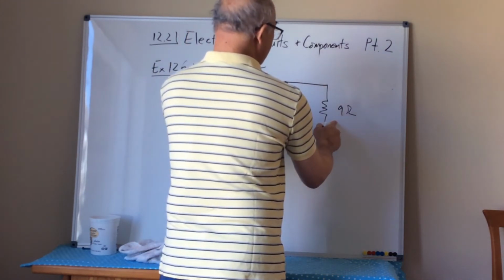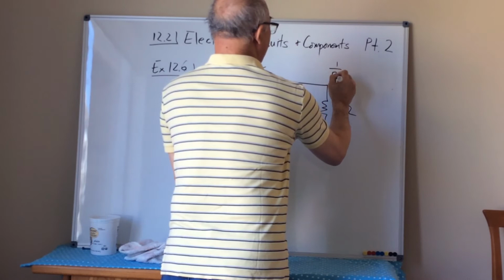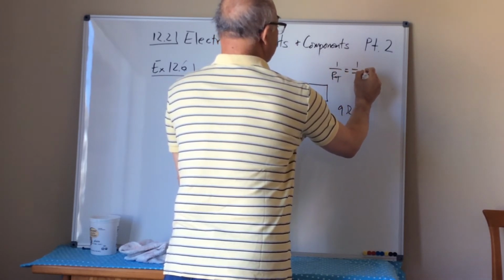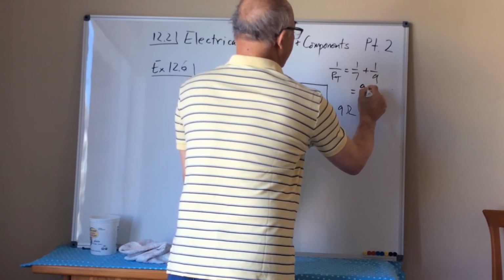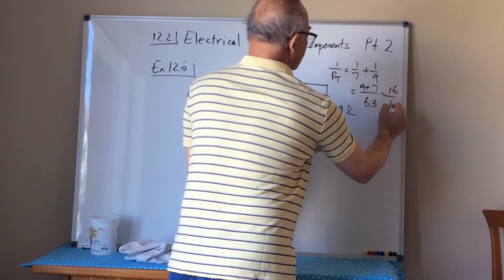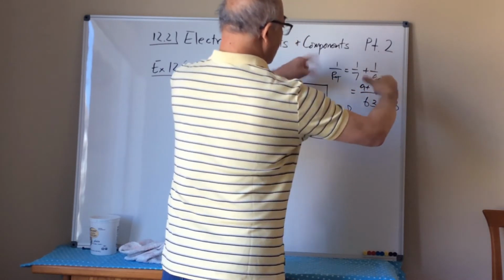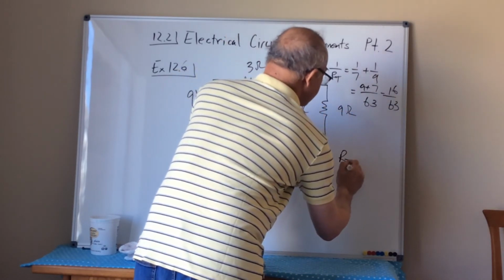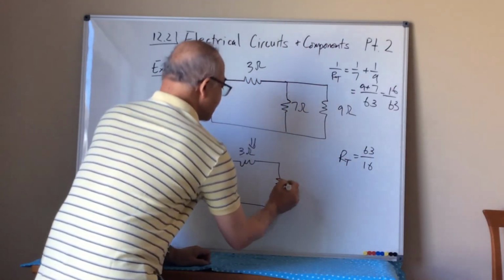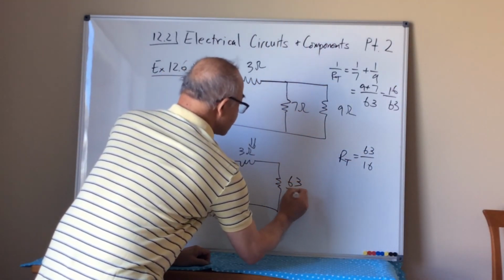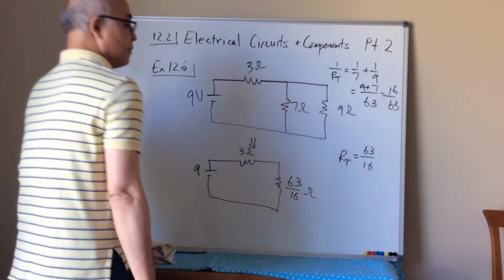So the total of these two would be what? 1 over RT is equal to 1 over 7 plus 1 over 9. That's 9 plus 7 over 63, 16 over 63. I flip both sides, so RT is going to be 63 over 16 ohms, right?